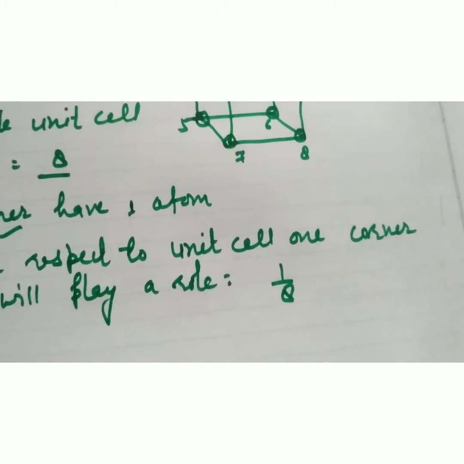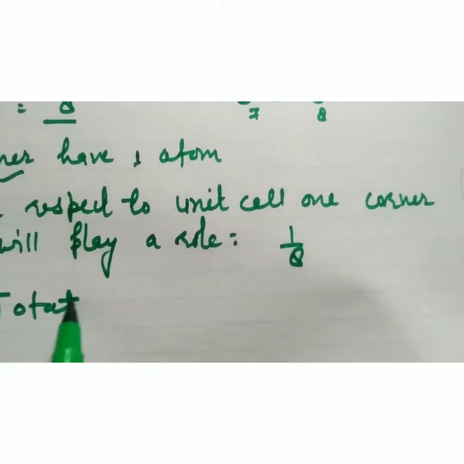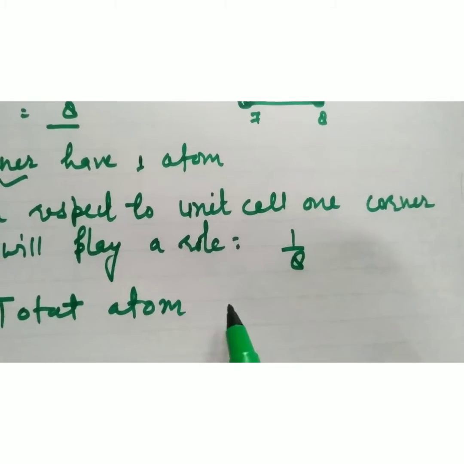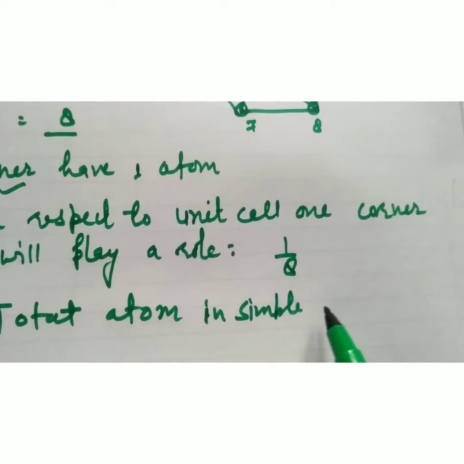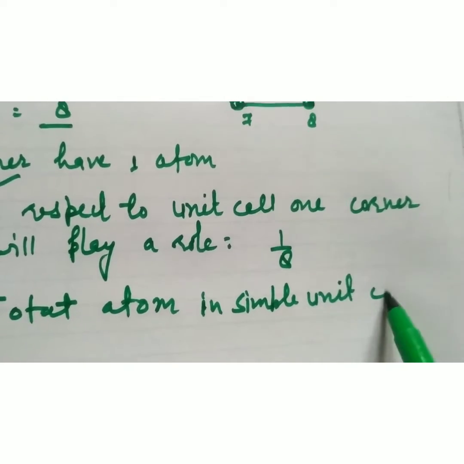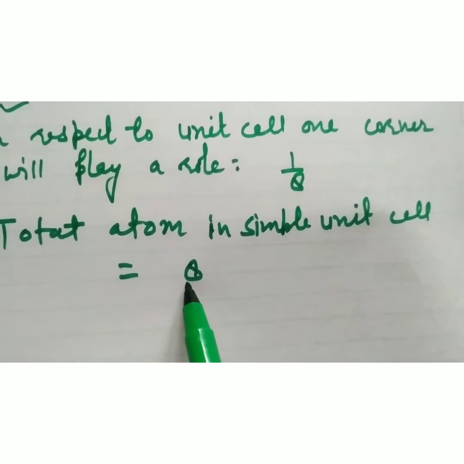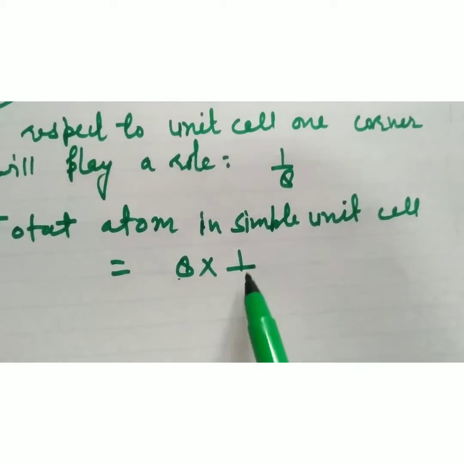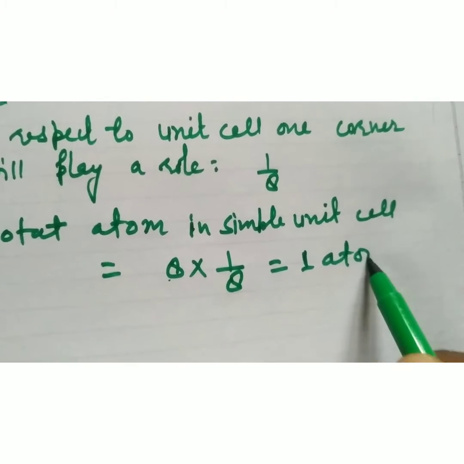Simple. So the total atoms in a simple unit cell: there are 8 corners and one corner plays 1 by 8, so 8 times 1 by 8 equals 1 atom.